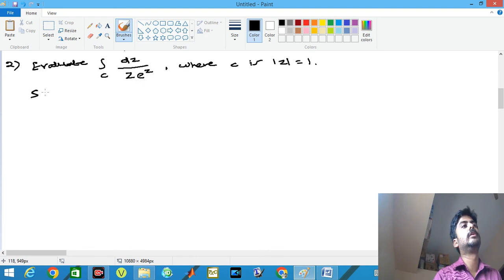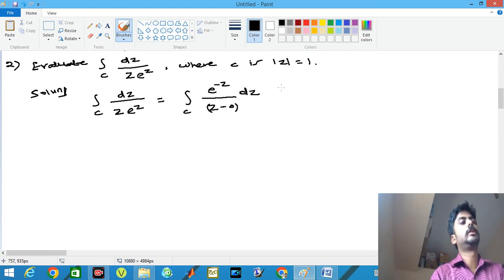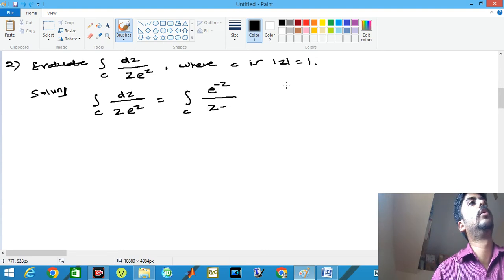So the solution is integral over C dz divided by z e power z equal to integral over C e power minus z divided by z minus 0 into dz.